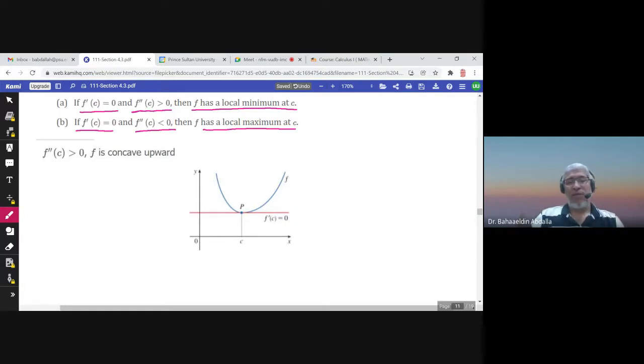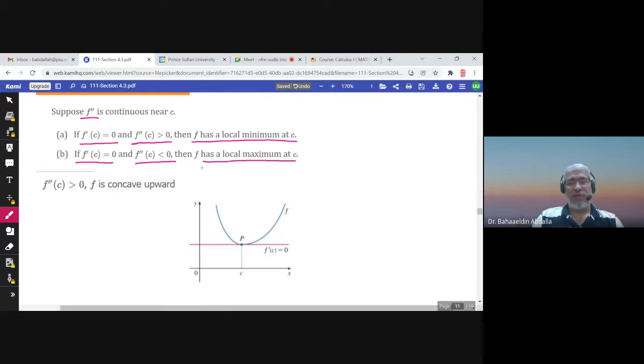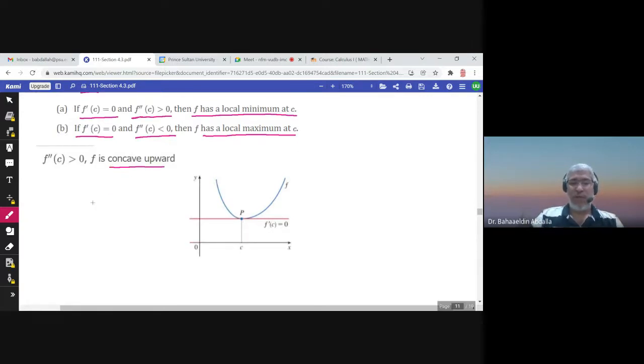Notice here, this is the graph of f. When we say that f double prime is positive, as in part A, we know that the graph of f would be concave upward. At a point P, where x is c, you find that f prime at c is 0.